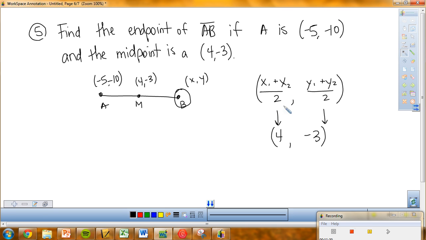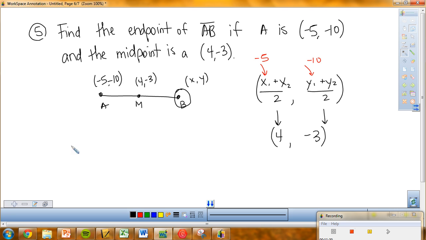And I also know that I have some of this information. I know that my x1 is -5. I also know that my y1 is -10. So all I really need to do is just set up an equation kind of working backwards.